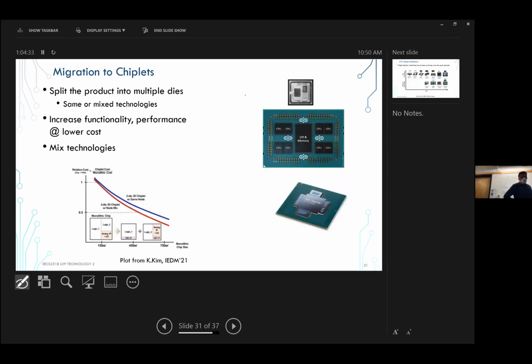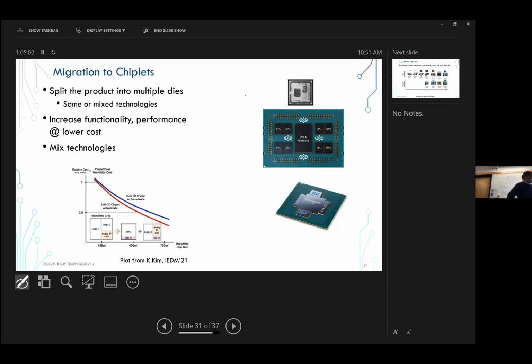So we have seen this idea of die disaggregation. In order to increase the yields, break up the dies into multiple modules. In these products, they have multiple dies now on the package. There are Intel's pictures.